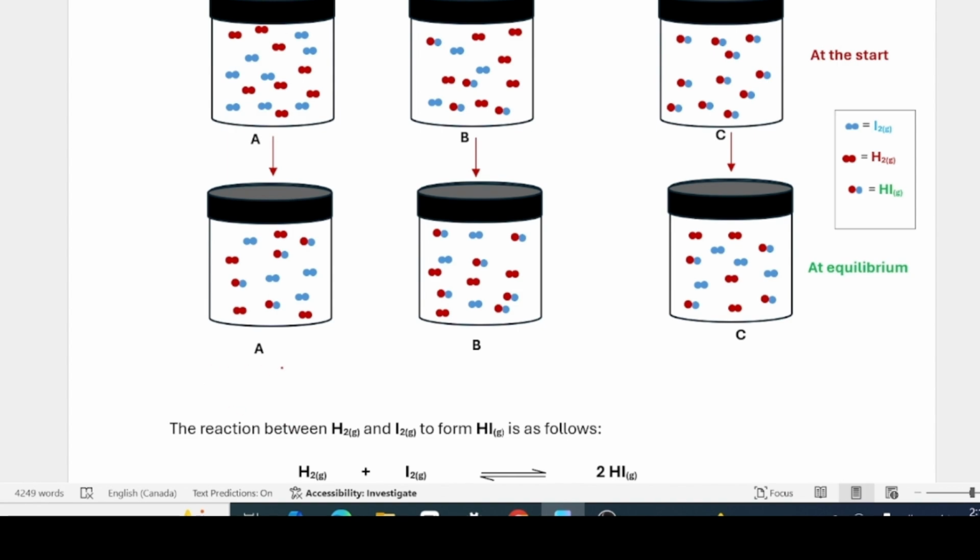The first container ended up with both reactants and products. In this one here, we start with only products. It is found that the products reacted to form some amount of reactants, iodine and hydrogen. And in this one here, there was a different composition of reactants and products when compared to that.